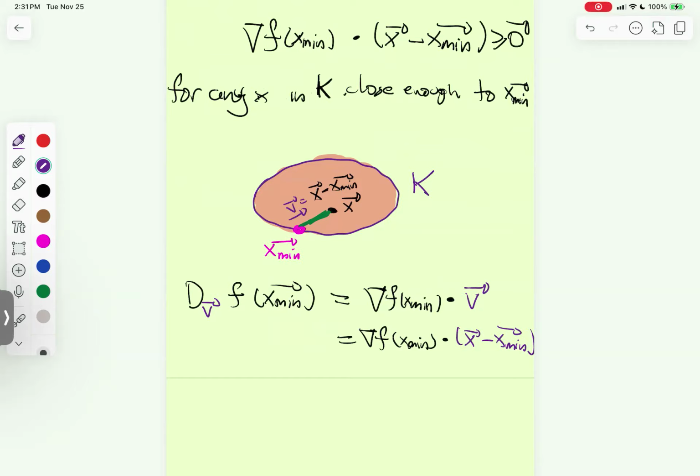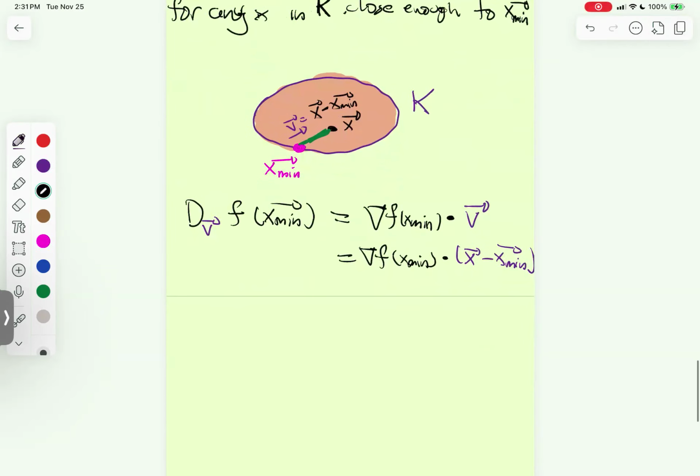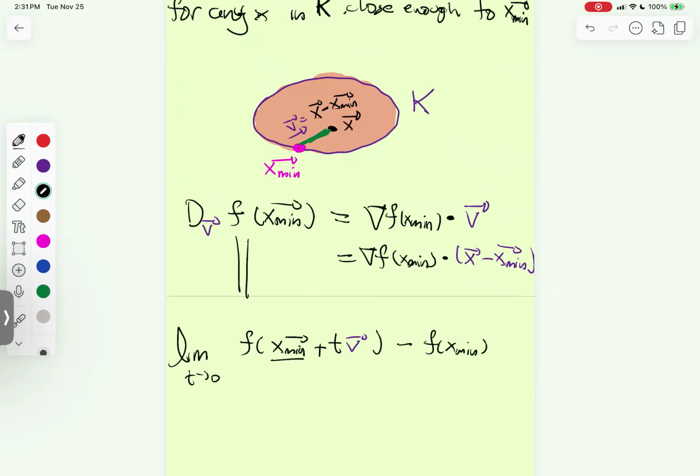But if you use the limit definition for the directional derivative, which is the limit as t goes to 0 of f of x mean plus tv minus f of x mean, divided by t, which is the formula I mentioned when we talked about gradient before.